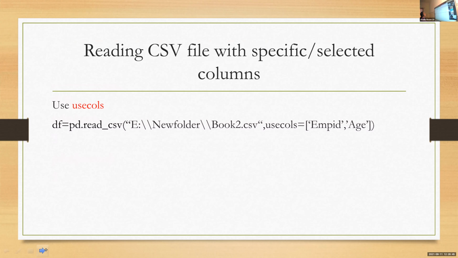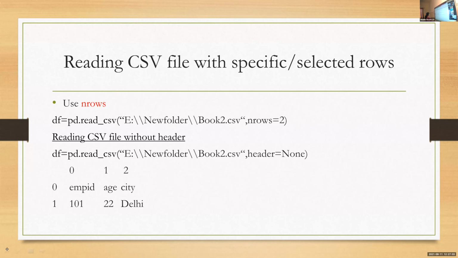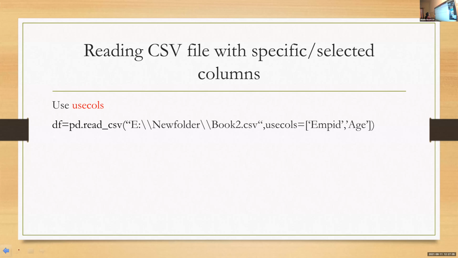Then next one, it is reading CSV file with specific or selected columns. If I want to display a particular column, one column or more than one column, use usecols. If I want to read a particular column from a CSV file, the command used is usecols.